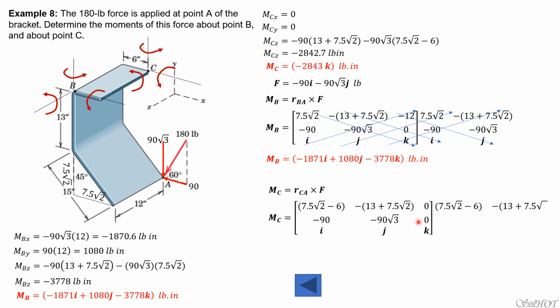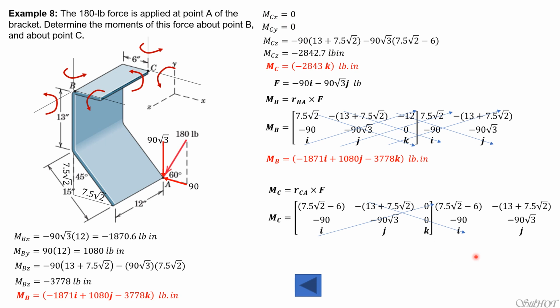Then components of force. Then perform the same approach as here. So going down, positive. Let's begin with i. So this is 0. Can you see? 0 times this value is 0. Then minus that value, negative 90 square root of 3 times 0, so it is also 0. That's why MCX is 0.